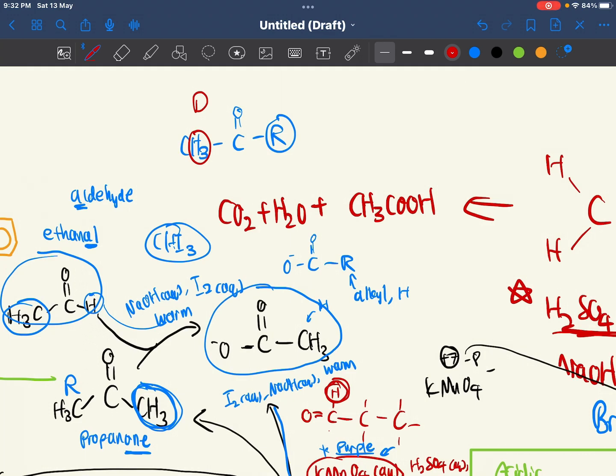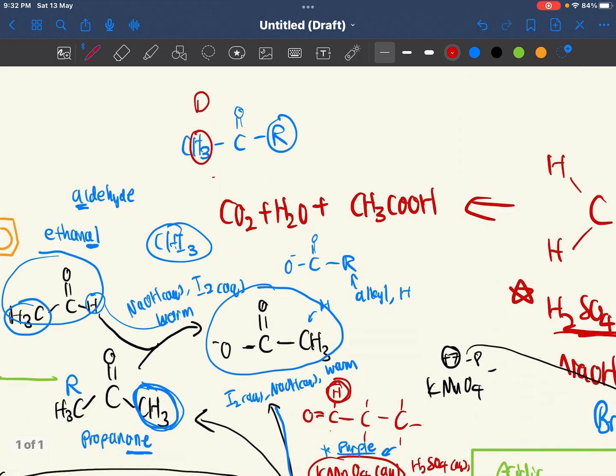The way this triiodomethane test works is that my hydrogen atom will be slowly substituted with my iodine atom.